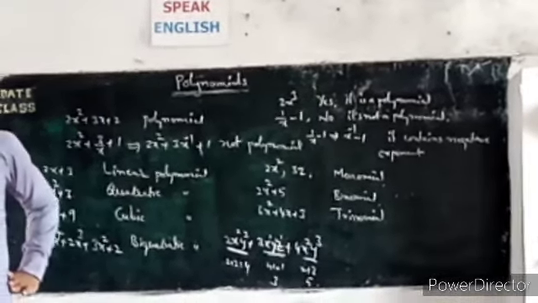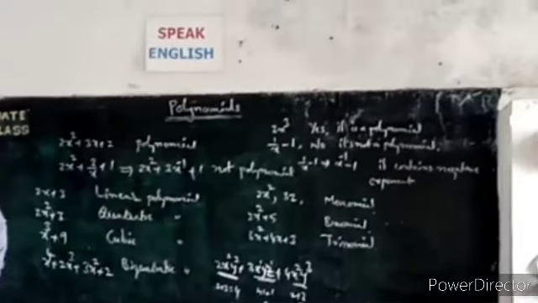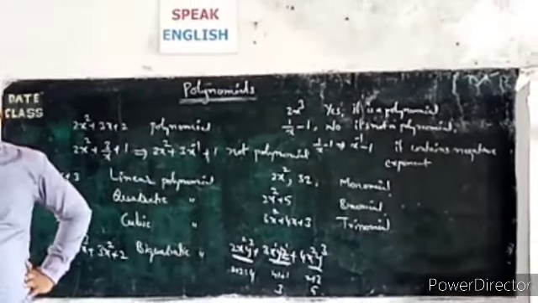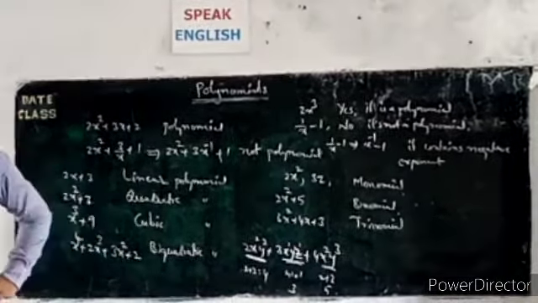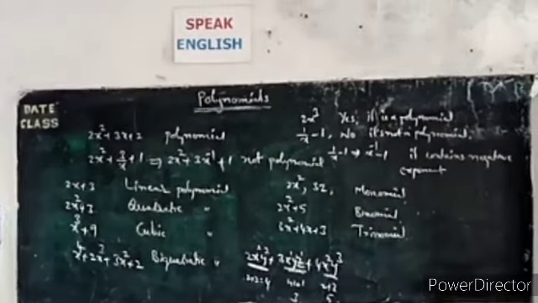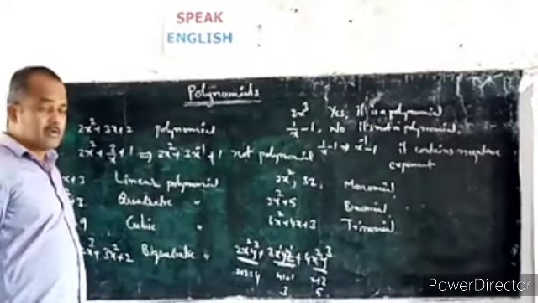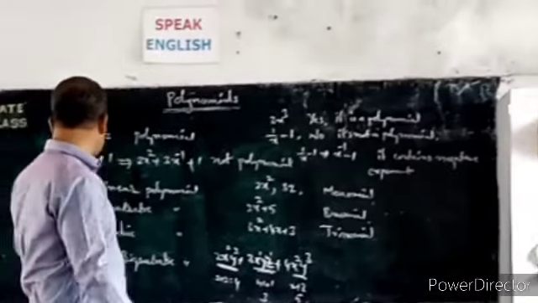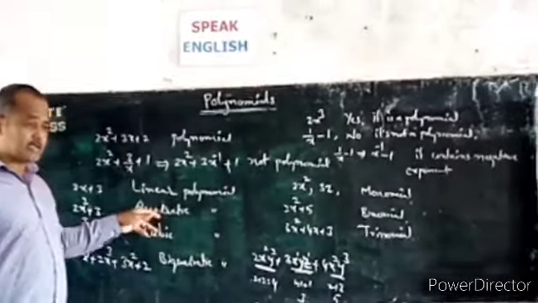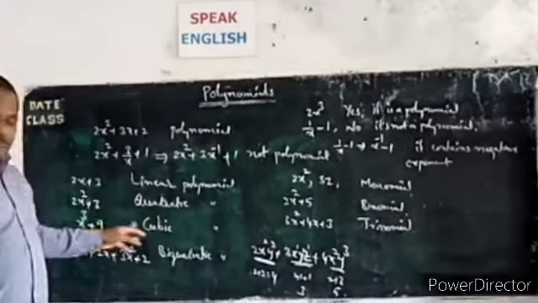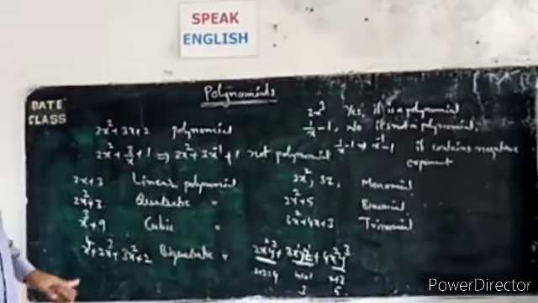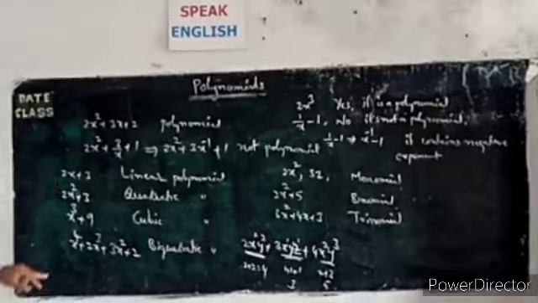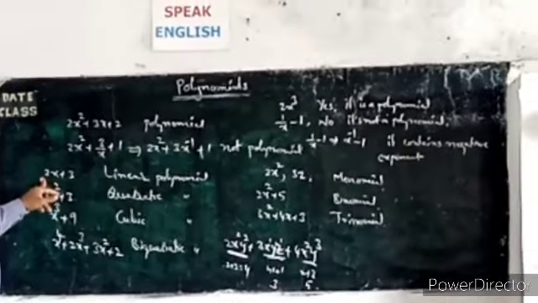Next, try this. Write 3 different quadratic, cubic and 2 linear polynomials with a different number of terms. Quadratic, next cubic, and linear also. Linear means the exponent is 1.